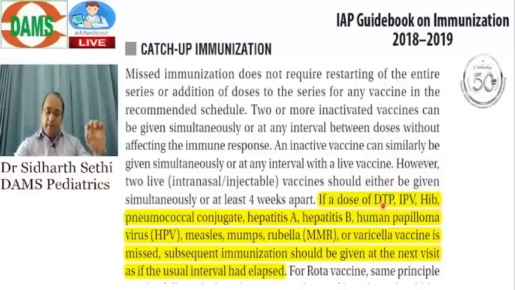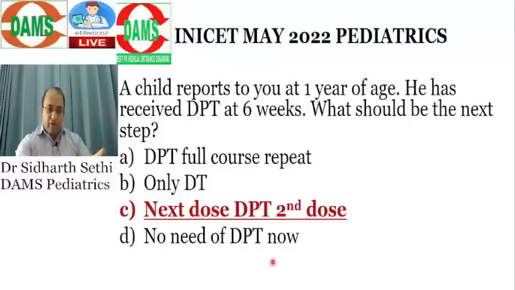If a dose of DPT, inactivated polio, Hib, pneumococcus, hepatitis A, MMR, hepatitis B, HPV, varicella is missed, subsequent immunization should be given at the next visit as if the usual interval has elapsed. So remember, you need to continue the vaccination. You need to give the second dose now, because these are anyway booster vaccines, they boost the immune response.